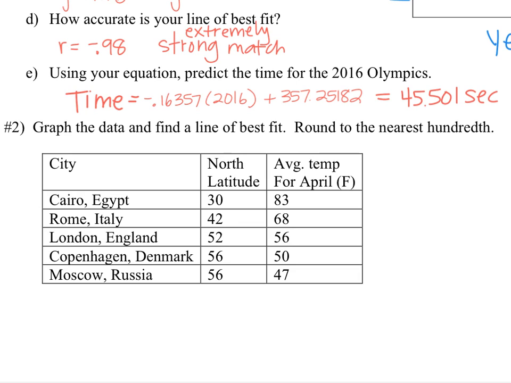Stat. Edit. Put your cursor on the top. If you only put your cursor on one of the data points and hit clear, it'll just clear the one. If you want to clear the whole thing at the same time, put your cursor on the top and push clear and then enter. Now fill in the next two lists of data, which are given to you for the different cities and their temperature.